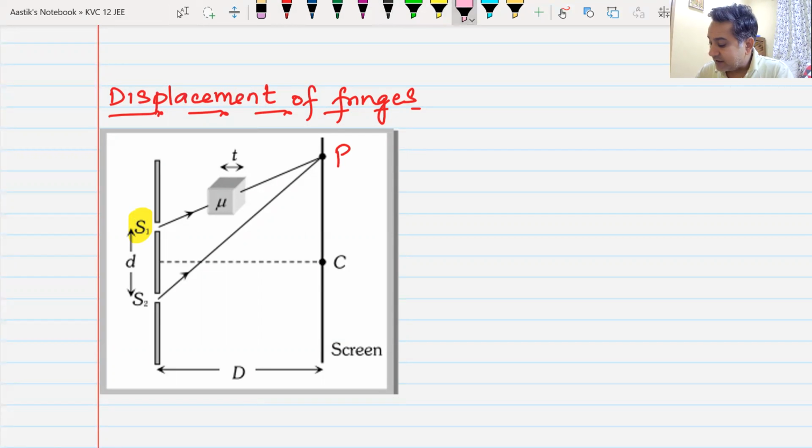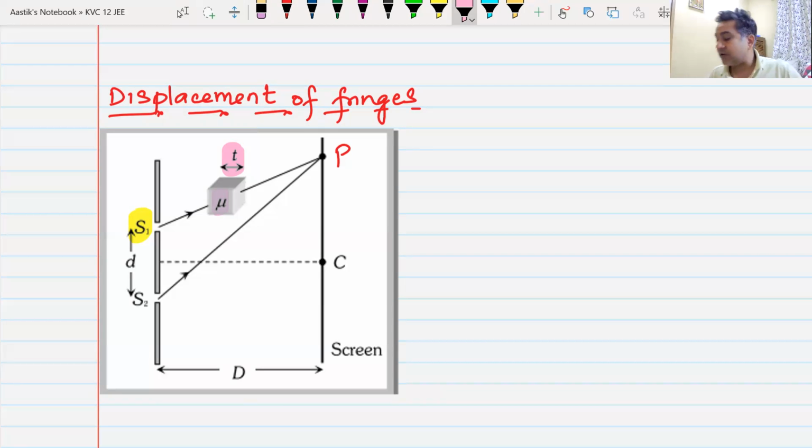The thickness of the glass slab is t and the refractive index is mu. You place a slab in the way of slit number 1, the top one, or slit number 2, the bottom one, or in front of both.